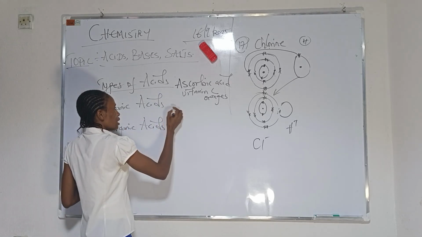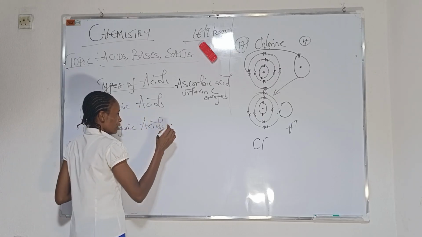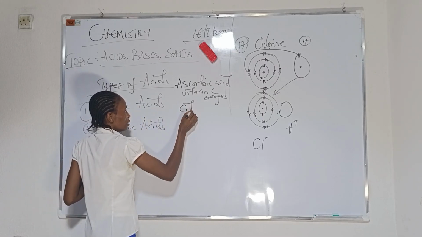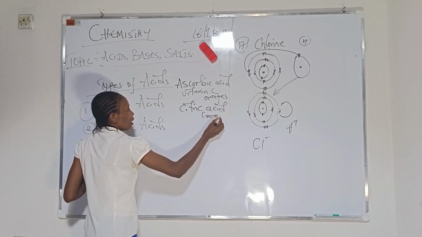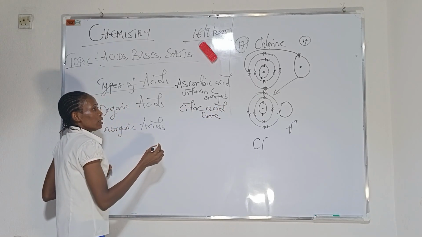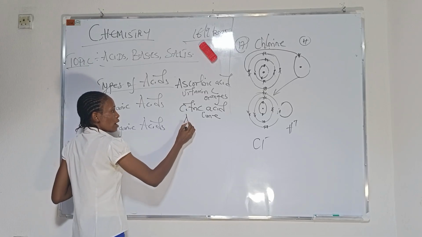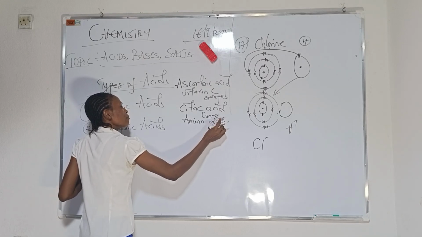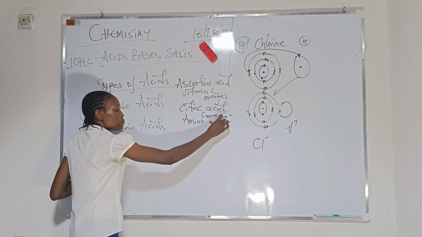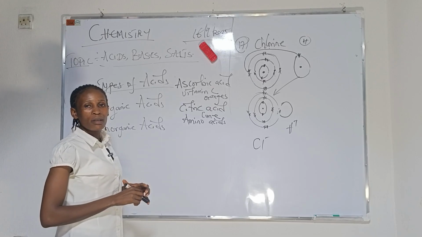Okay, another example here is your citric acid. Your citric acid comes from lime. Another example here is your amino acid. Amino acid comes from the end product of a protein.